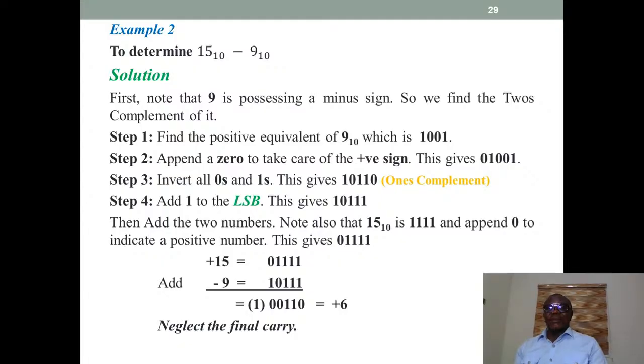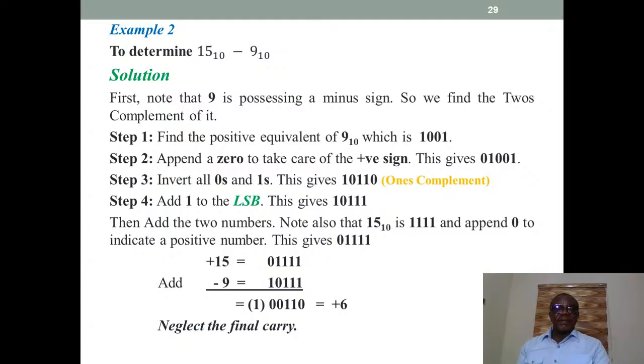Now, this gives us 01001, because 9 is 1001. We append 0, which represents the sign positive.